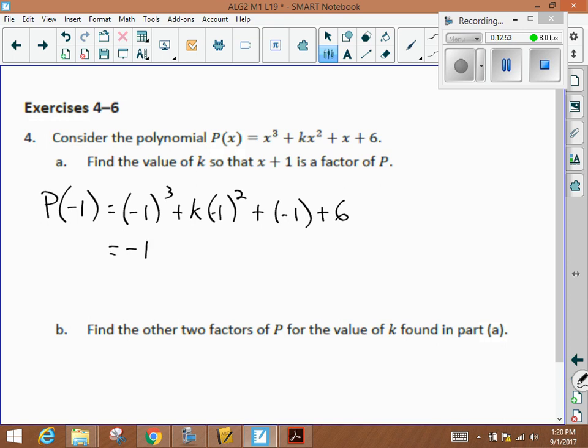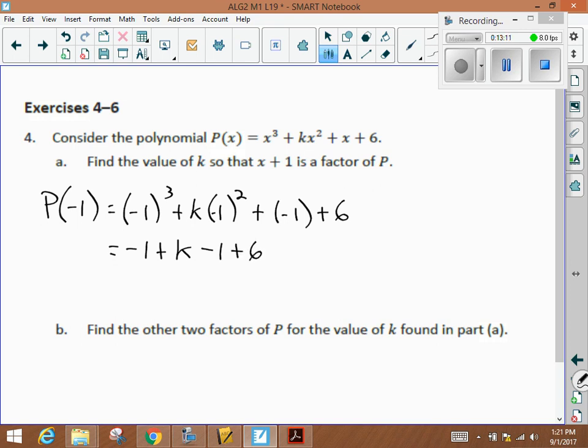So what is this? That's -1 plus what? Just k, right? Because -1 times -1 is +1, and 1 times k is just k. So that's how I got that k there. And we have a -1 and a +6, okay?